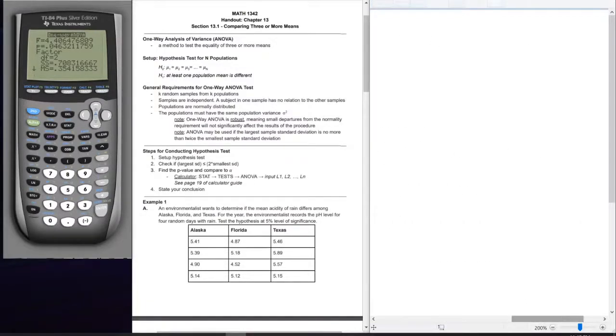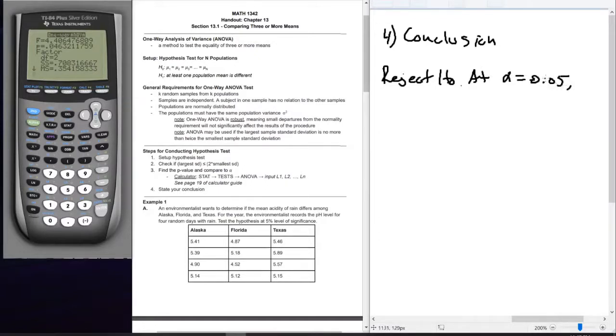Okay, last step. Conclusion. Here, very similar to how we stated the conclusion in chapter 10, reject the null hypothesis, state your alpha level.